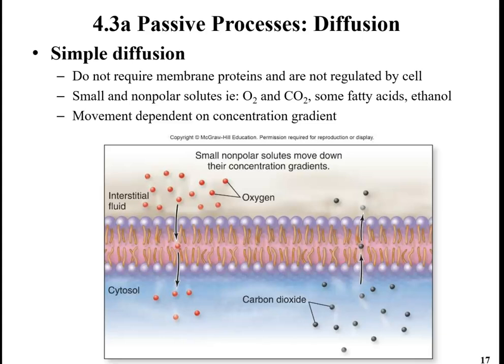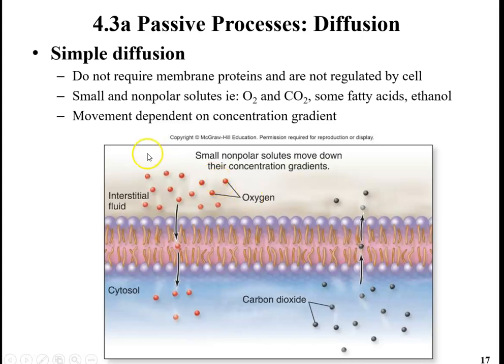There's simple diffusion. This does not require membrane proteins and is not regulated by the cell. This is where small and non-polar solutes like O2 and CO2, some fatty acids, and alcohol or ethanol can move directly across the plasma membrane. But remember, this movement depends on a concentration gradient.